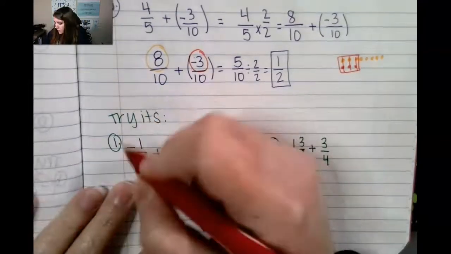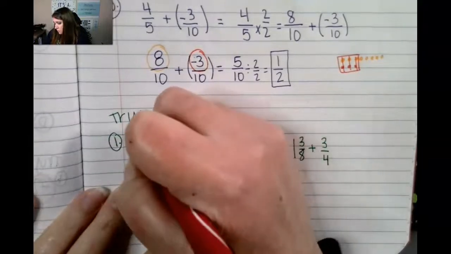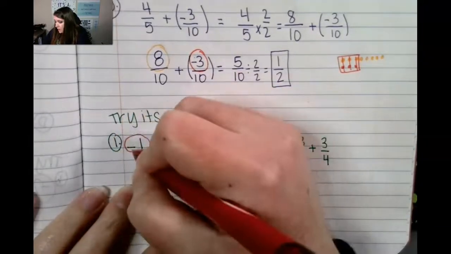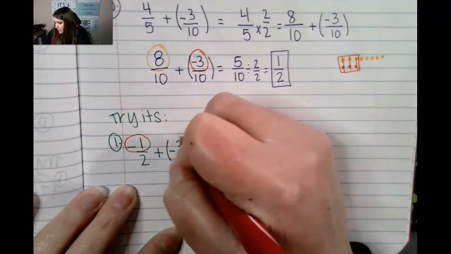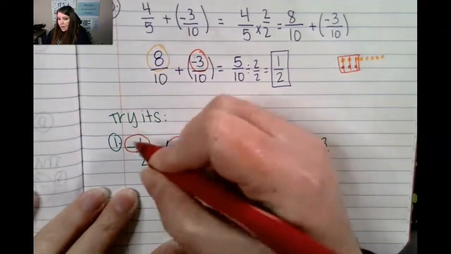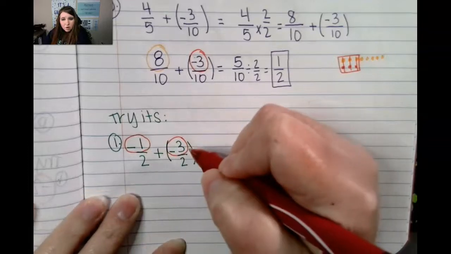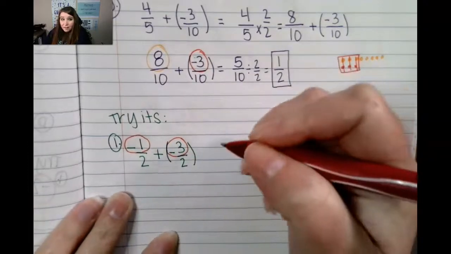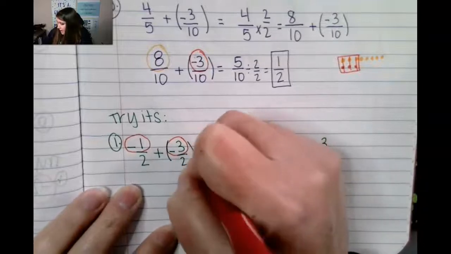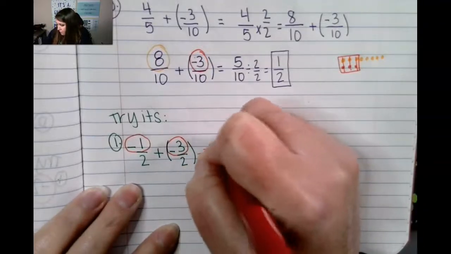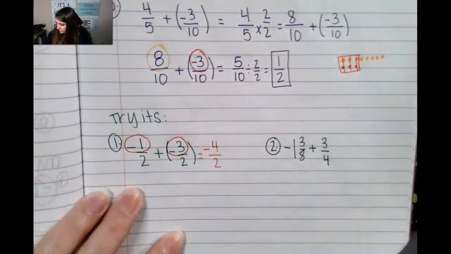All right, so since they have the same common denominators, we're just going to look at the tops. I have -1 plus a -3, and I know when I have reds and I add on more reds, I have a lot of reds. So I have -4/2.